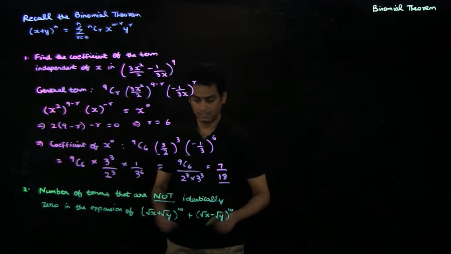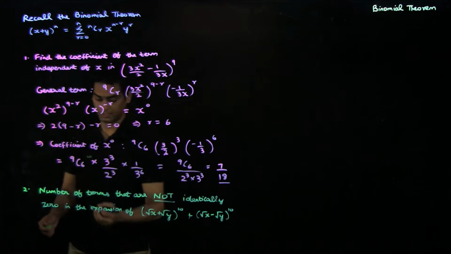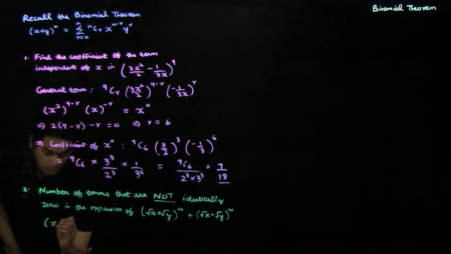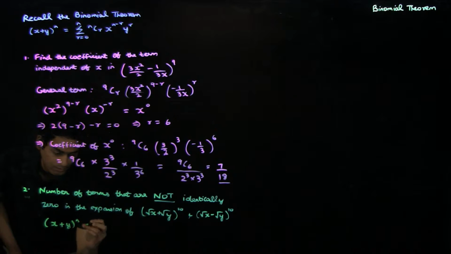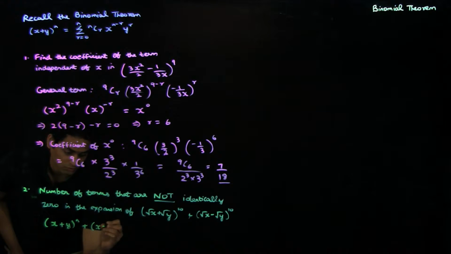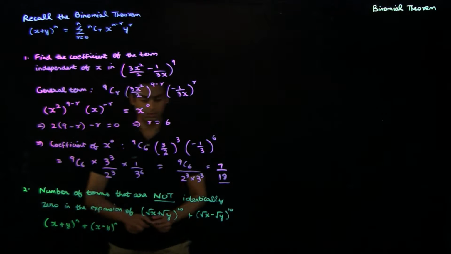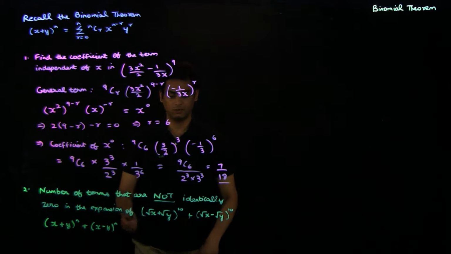And to notice that, you just write out (x plus y) whole power n plus (x minus y) whole power n, and consider the expansion of this term.